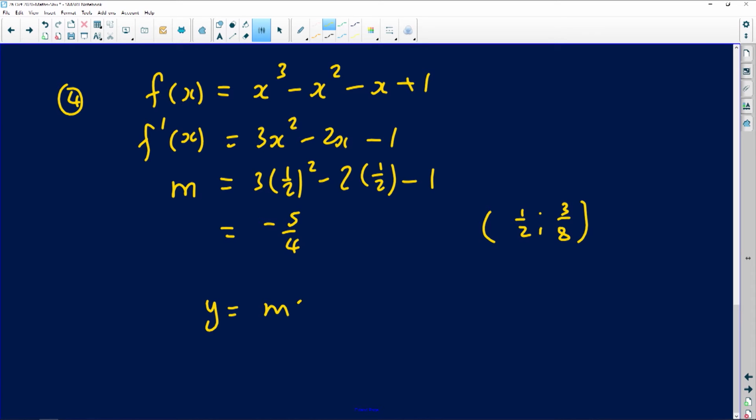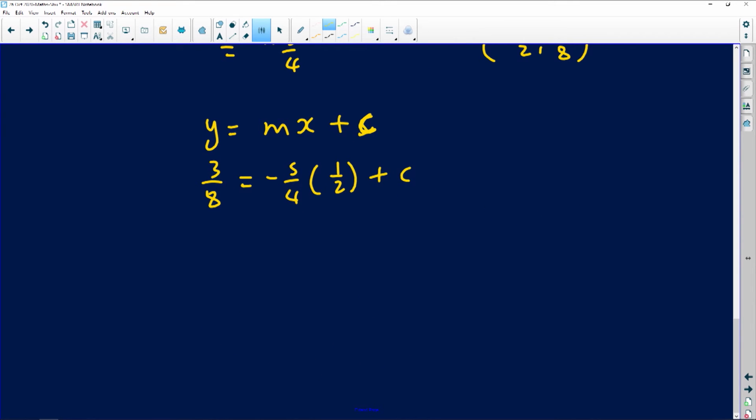So y is mx plus c, very simple stuff. y is 3 over 8, m is negative 5 over 4, x is a half. We are looking for c here. We can then do the multiplication. So 3 over 8 is negative 5 over 8 plus c. Then you take this one to the left-hand side. You get 3 over 8 plus 5 over 8 is c.